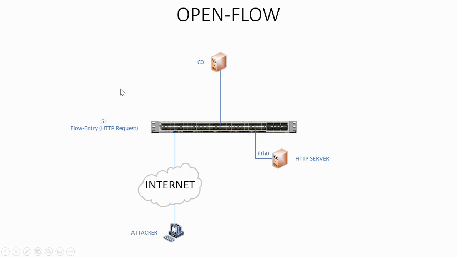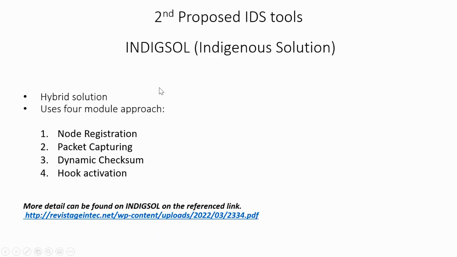So going back into our slides, the second IDS solution that was discussed is called IndigSol, which is abbreviated for Indigenous Solution. The system is a hybrid solution, which has the capabilities to detect and prevent SYN flood attacks. This is modular in nature and uses a four-module approach. The first one is node registration, which means that at first every node needs to get registered in a particular database.